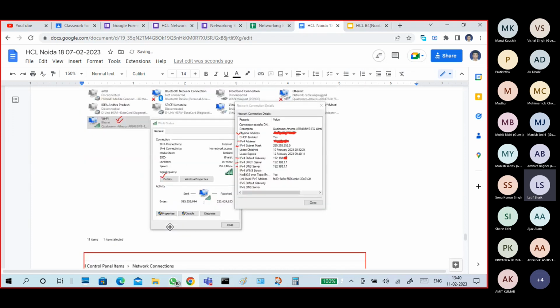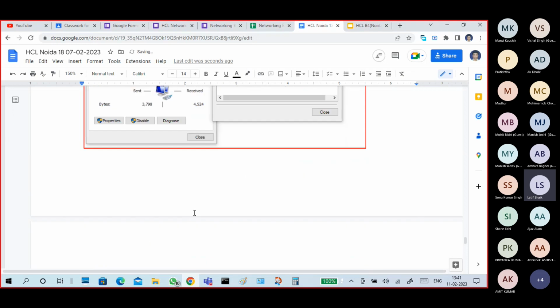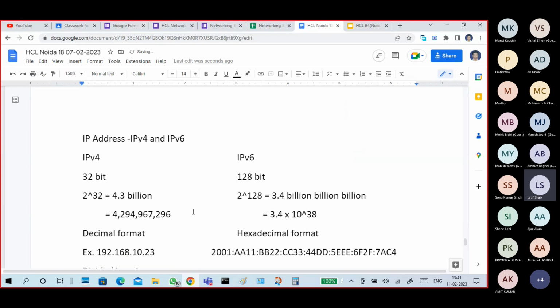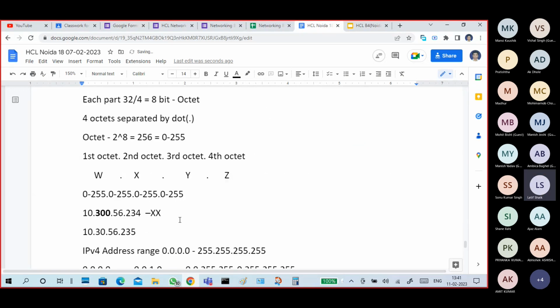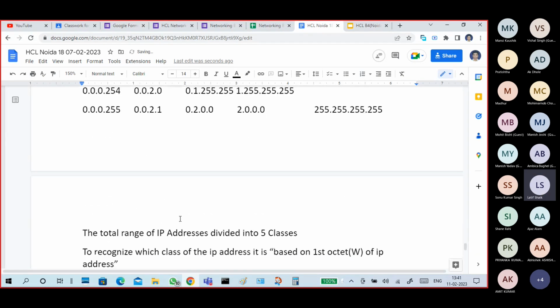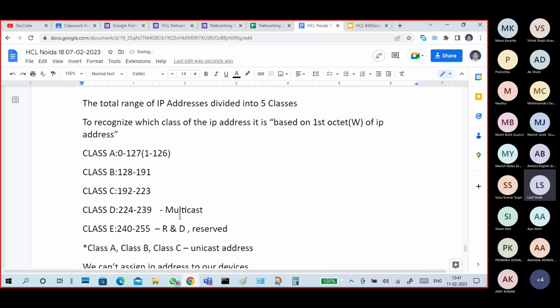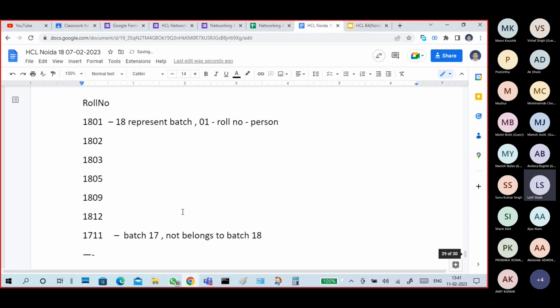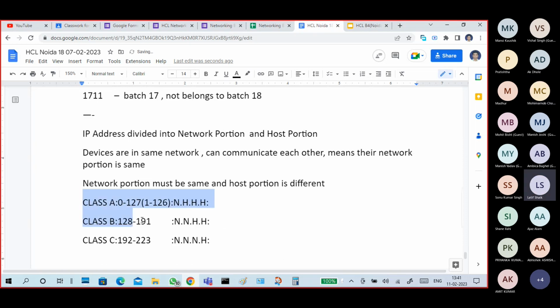About IPv4 guys, how to check IP address, how to check MAC address, and about IPv4 and IPv6 addresses. A very important point is the octet ranges, class A, class B, class C, and the network and host portions. This part plus the default subnet mask.